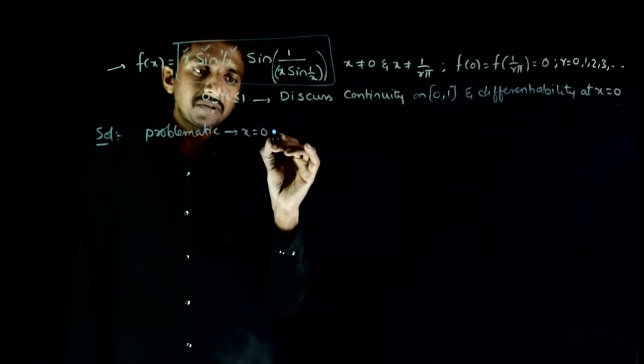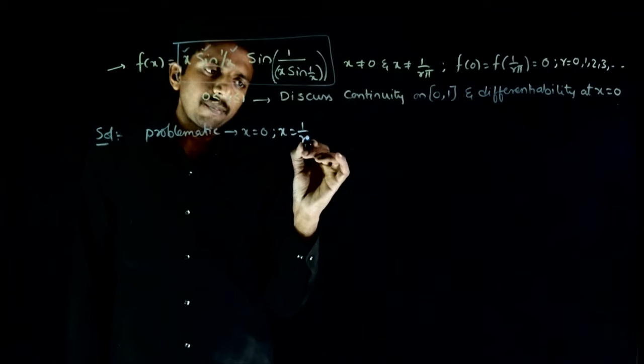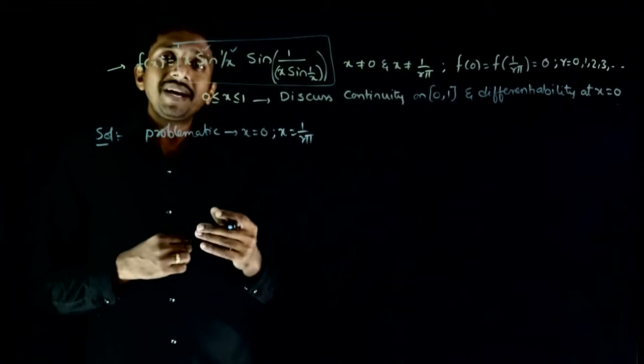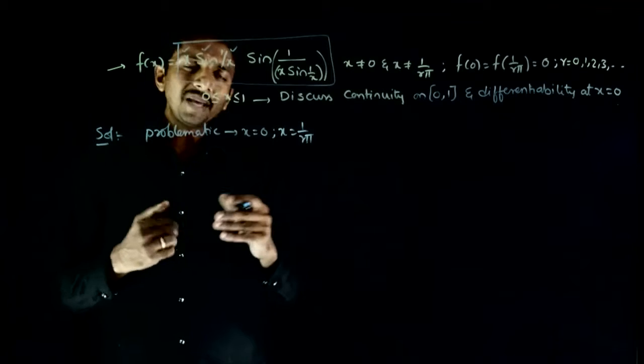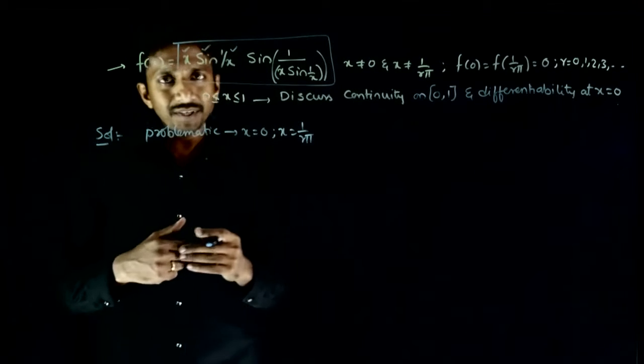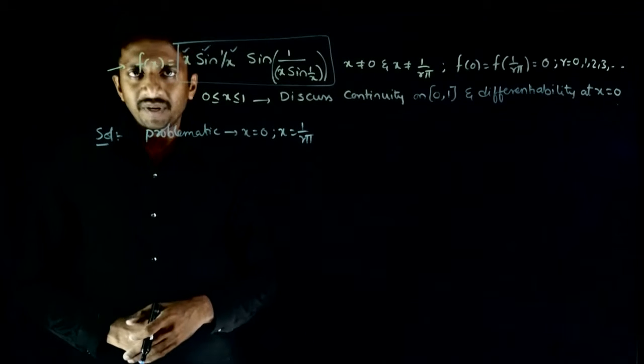So these are the values of x where you might get problems. ठीक है, बाकी पॉइंट्स में आपको प्रॉब्लम्स नहीं आएगा because these are smooth functions. So हमको कंटिन्यूटी चेक करना है तो इस पॉइंट्स में चेक करना पड़ेगा मुझे.